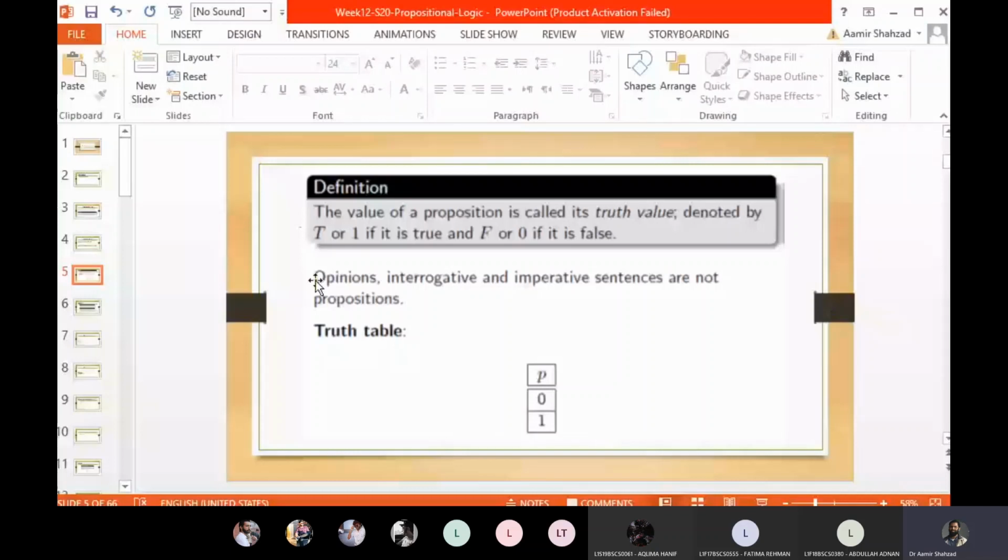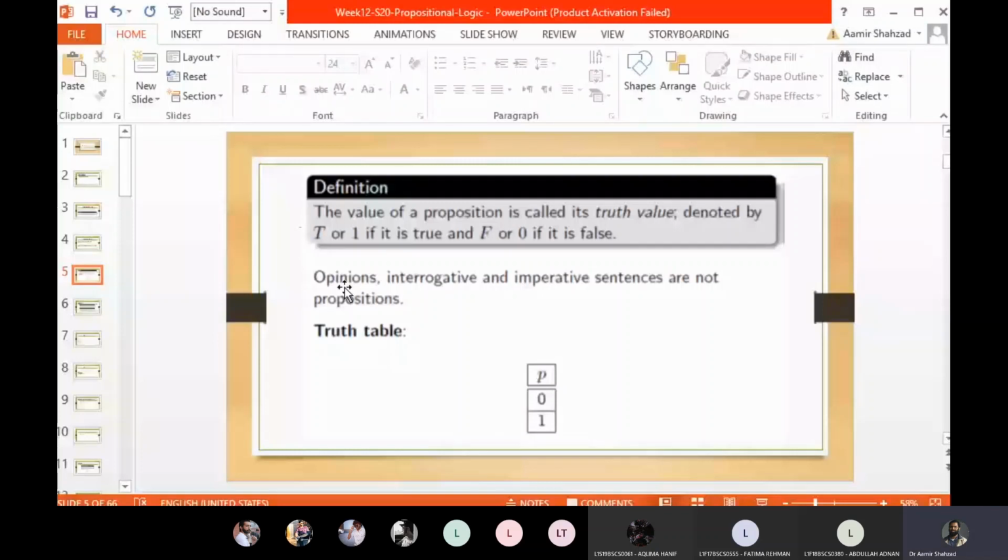Opinions, interrogative statements and imperative sentences are not propositions. क्योंकि उसके बारे में हम ये नहीं कह सकते ये ट्रू है या फॉल्स। ओपिनियन हर किसी की अपनी अपनी ओपिनियन होती है। सो लाइक आई लाइक फॉर एग्जांपल आई लाइक मैंगो मिल्क शेक। So okay, a person can like mango milkshake and other person may not like mango milkshake.